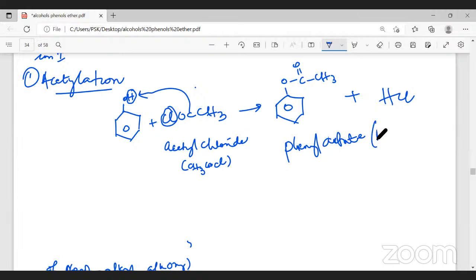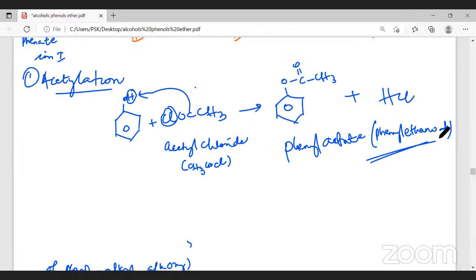The IUPAC name for this molecule is phenyl ethanoate. When phenol is heated with acetyl chloride in the presence of pyridine as a catalyst, phenyl acetate is formed. This reaction is called acetylation.